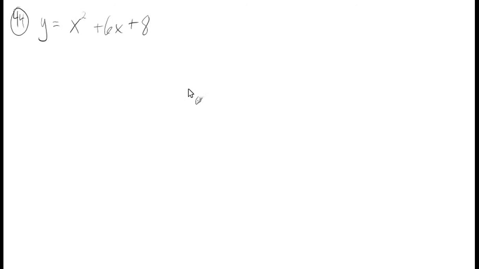So what we want to find are the zeros. The zeros of a function are, first of all, it has to be stated this way: y or f of x or g of x or something. The name of the function has to be over here, equals stuff with x in it. So just y or f of x, nothing else, just on this side. And then on this side is your x stuff and any other constants you might have.